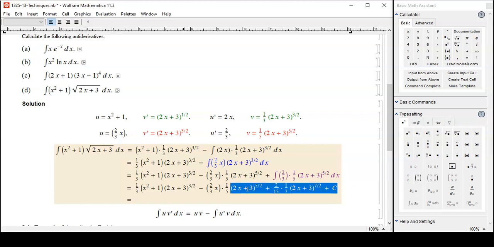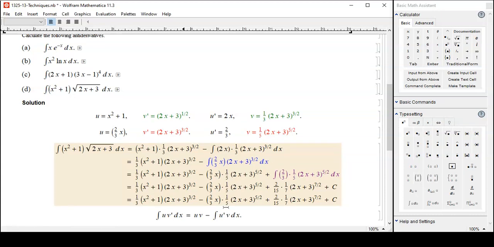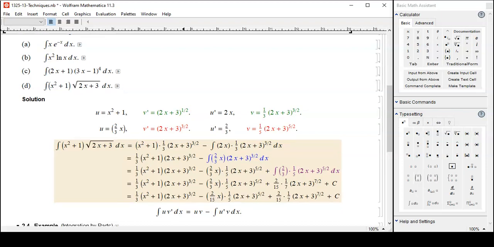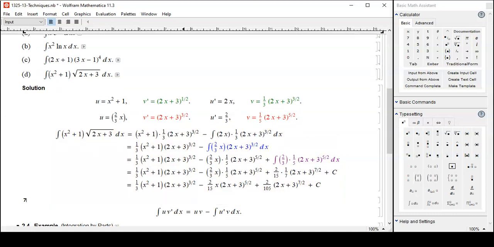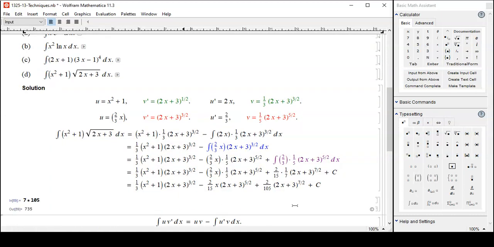Let's do just a little bit of simplification here. So 2/15, and this one here, 7 times 15, 105. I guess that's it.